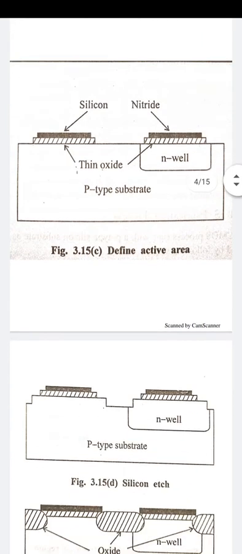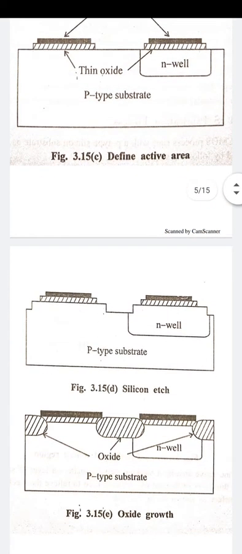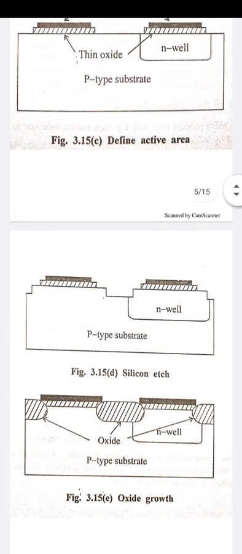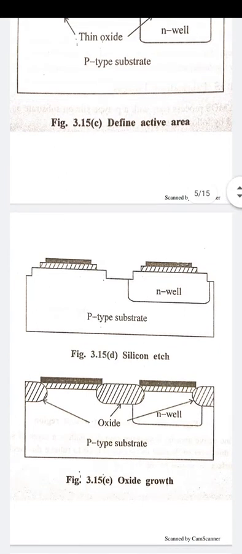Next we consider the defined active areas, which we define for electrical isolation. It is part of the electrical isolation scheme that prevents electrical conduction between neighboring devices using oxide as an insulator. To achieve the isolation, first we etch the silicon wafer, as shown in the diagram.